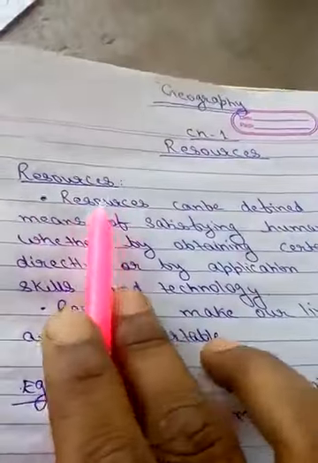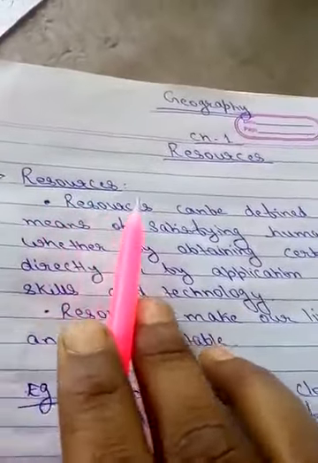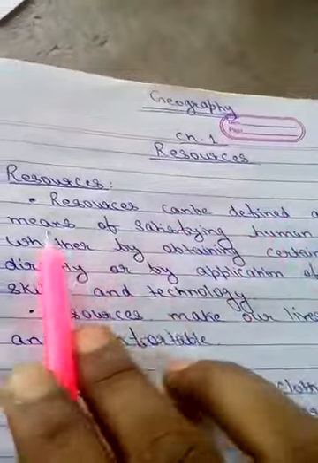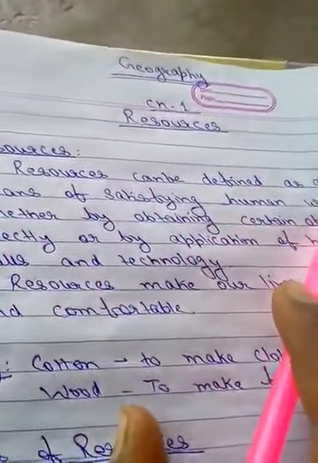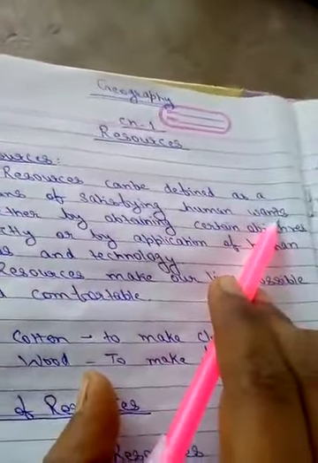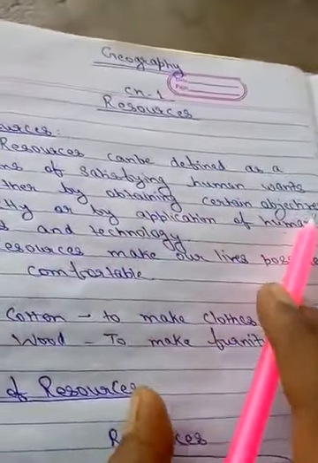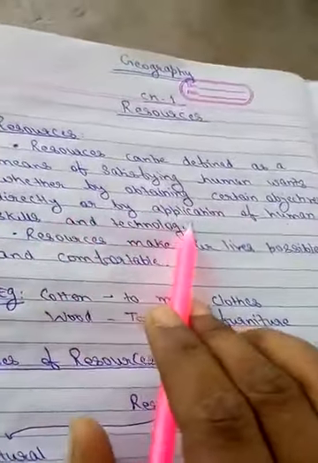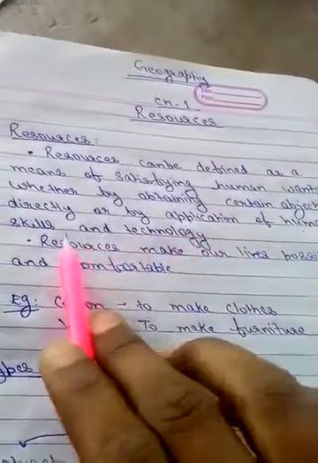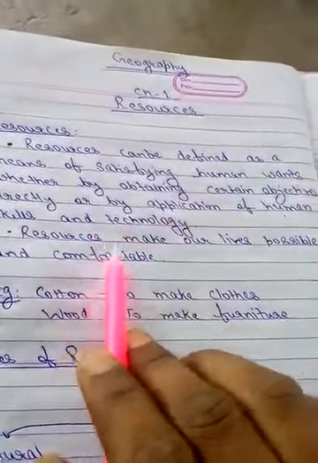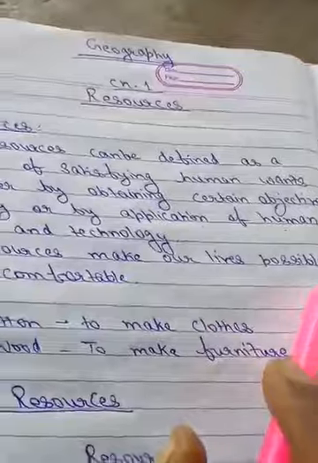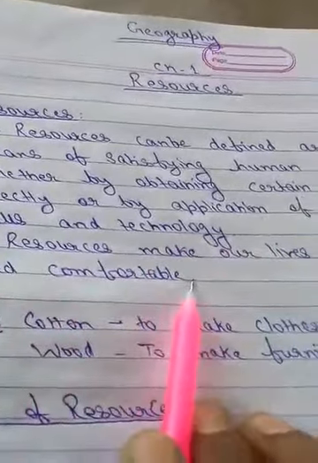Now, define resources. Resources can be defined as a means of satisfying human needs or wants, whether by obtaining certain objectives directly or by the application of human skills and technology. Resources make our lives possible and comfortable.